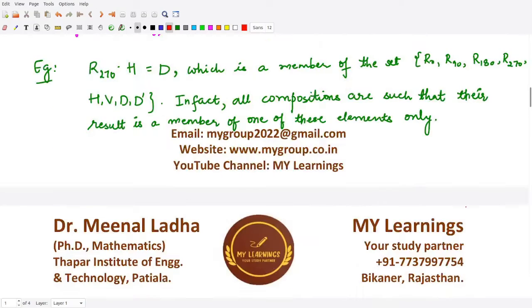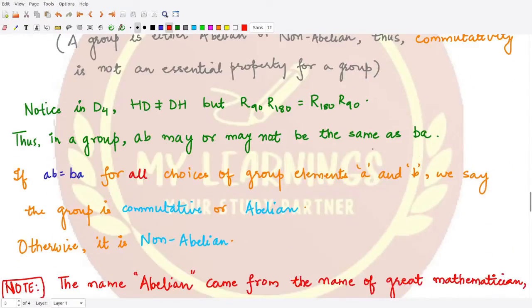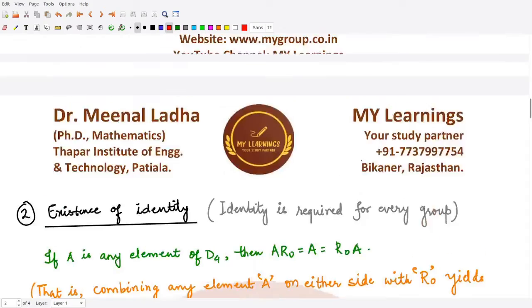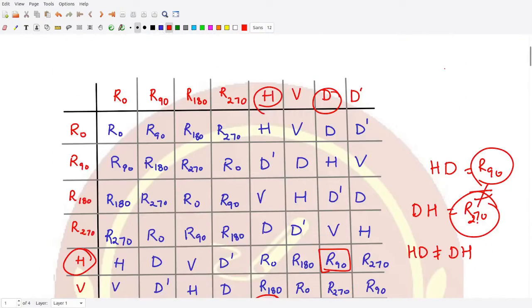This is one thing. Another example that I've listed here is that of R90 and R180. So let's see what happens when you take R90 composed with R180. So you see here you have R90, here you have R180, so you have the answer as R270, right? And what about R180 composed with R90?